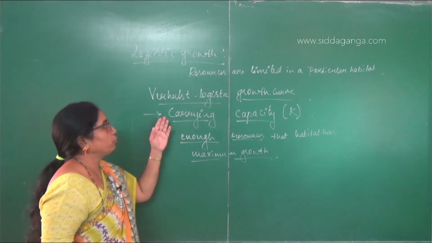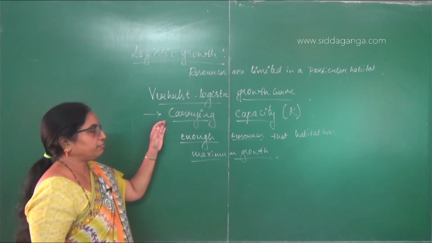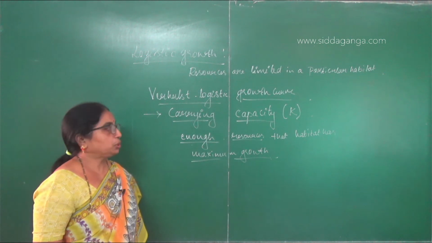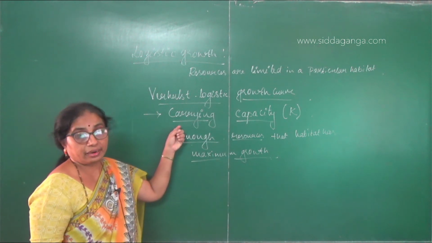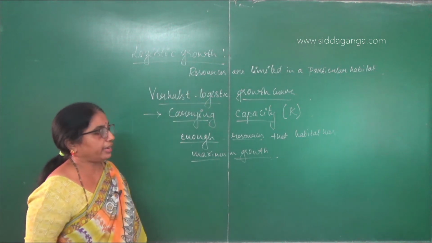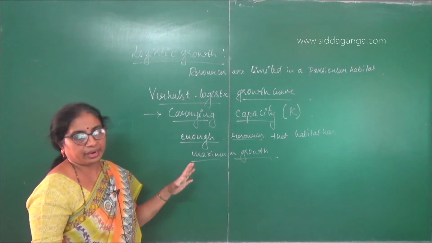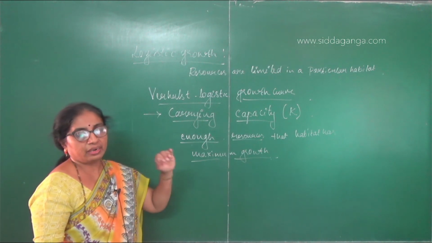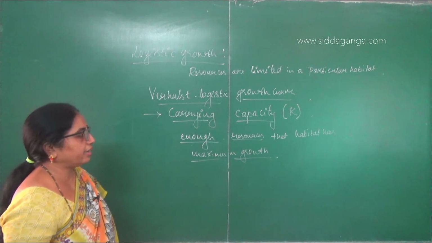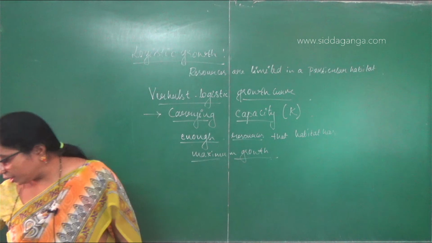This type of growth is called Verhulst's logistic growth curve, or simply logistic growth, which depends upon the carrying capacity, where the resources are limited and can support only a particular level of population.